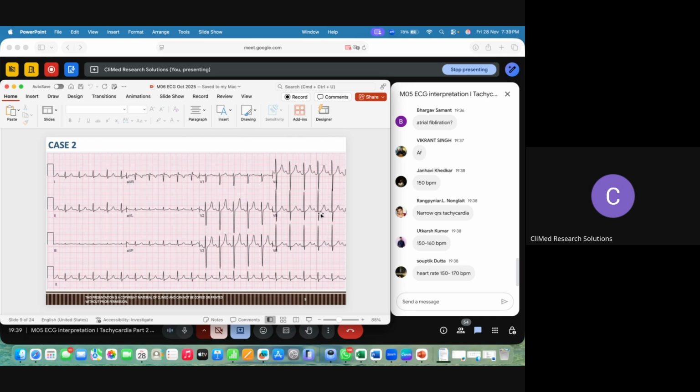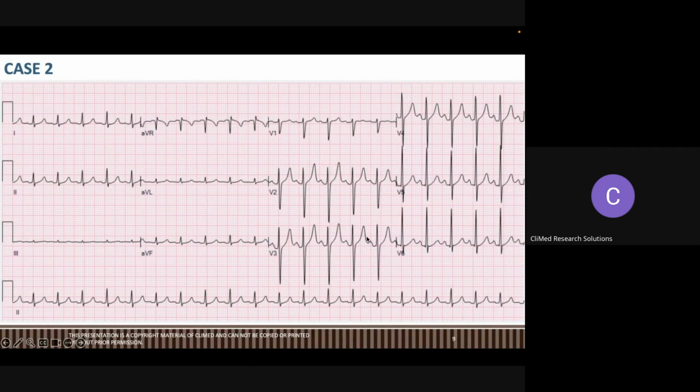But other things, if you look at the ECG, can you say anywhere that it is irregular? Look at the baseline, the electrical magnitude line. It is completely straight from starting to end. Look at this.